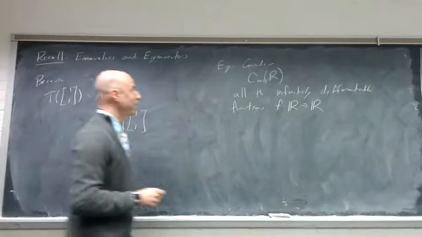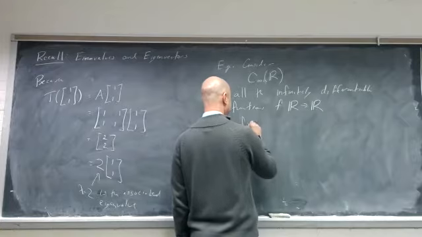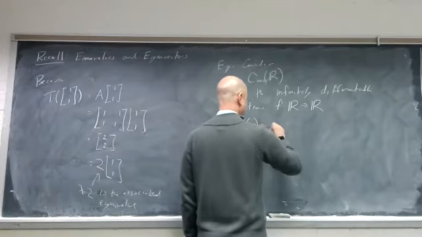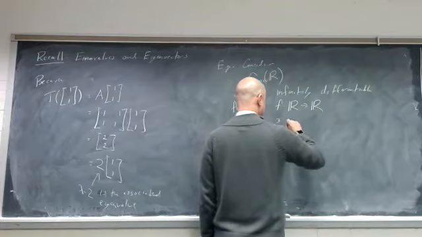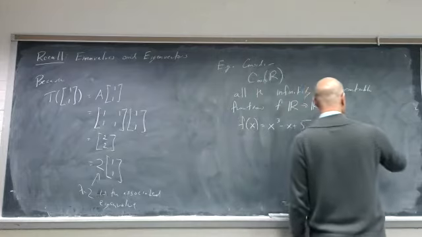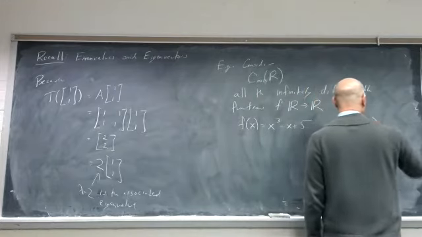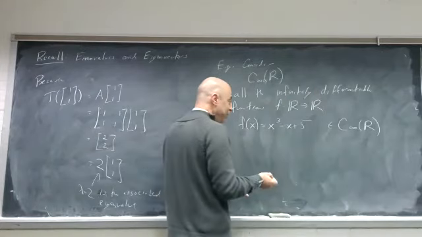So, for example, a function like x cubed minus x plus 5 is in C infinity of R. Why? Because I can just go ahead and keep taking its derivative forever.